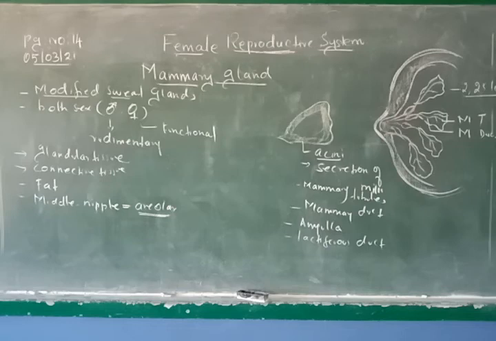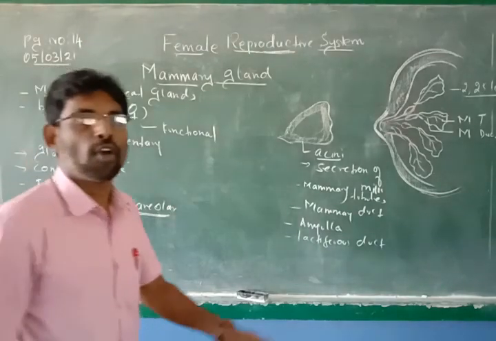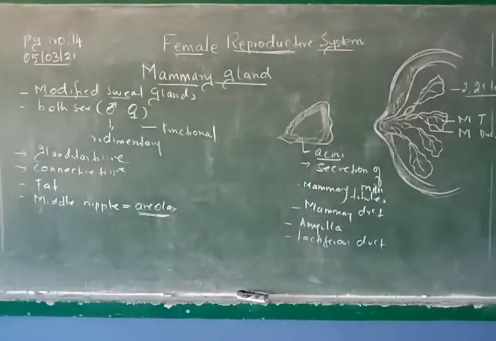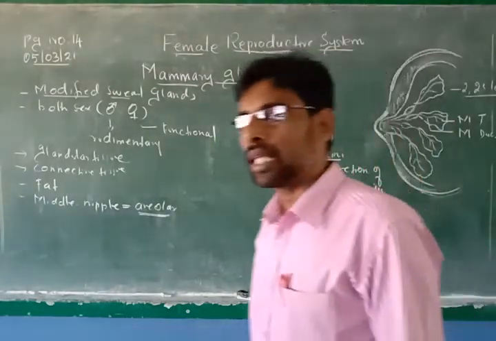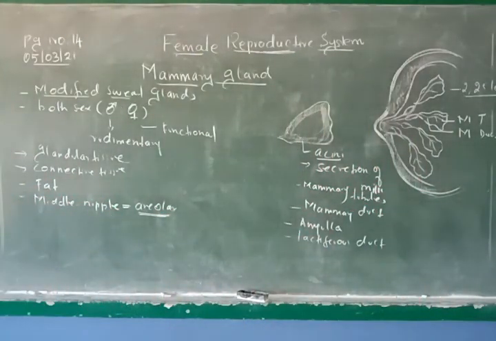Right, we'll check the answers now. Oviduct is also called the fallopian tube, or otherwise called the uterine tube. The second one, the main function of the fimbriae of the fallopian tube is to collect the ovum.